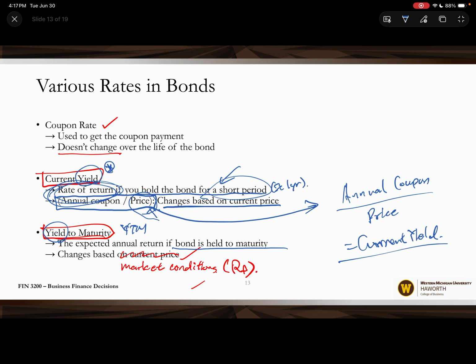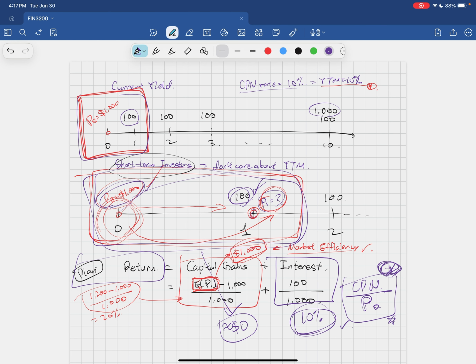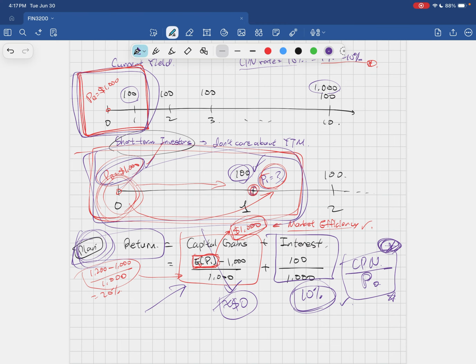Exactly what I showed you here. If you hold a bond for a short period, your plan is this, but this is a little bit complicated. That's where the formula came from.